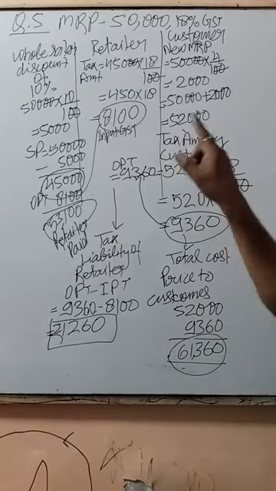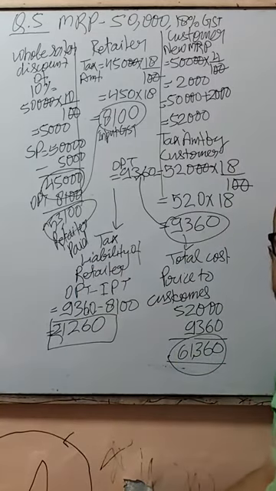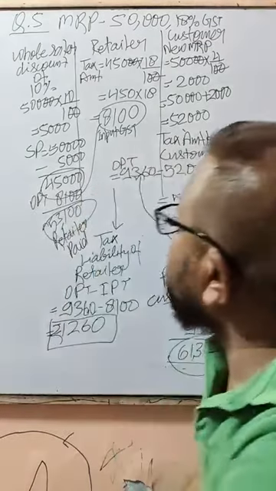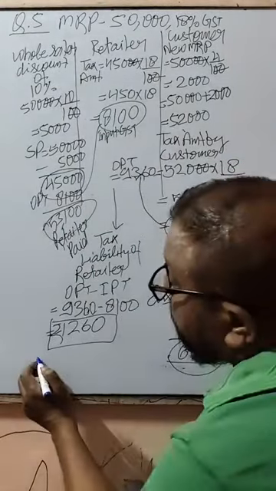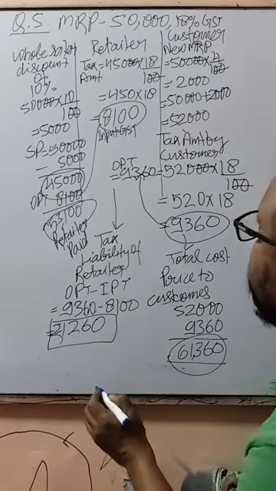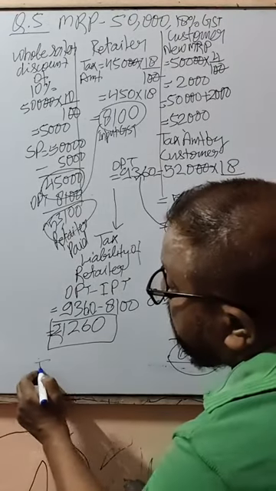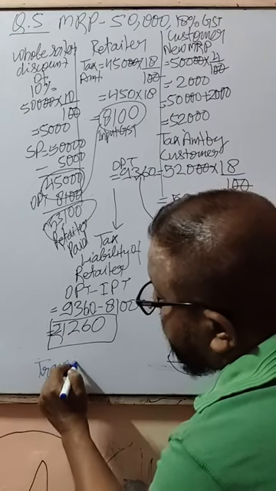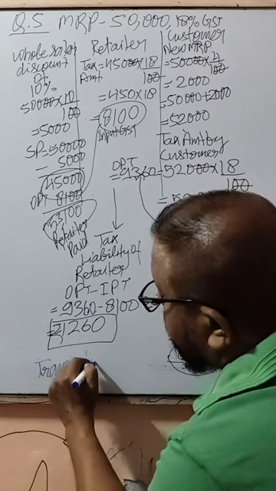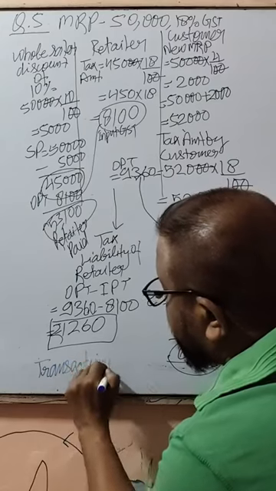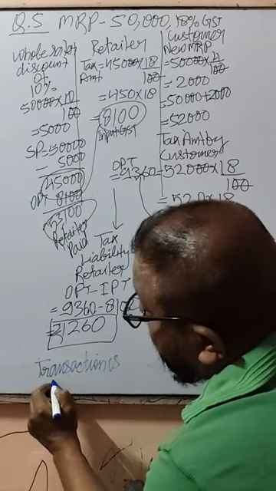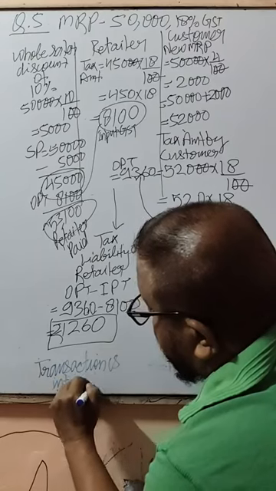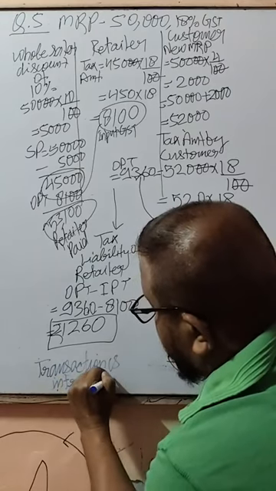So this whole transaction is interstate or intrastate? Intrastate. The transaction is intrastate. Right?